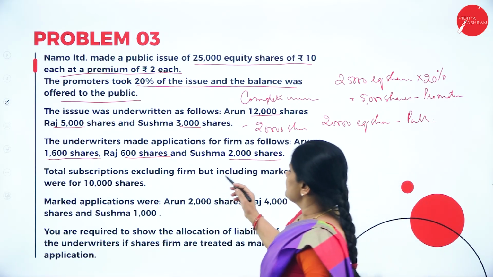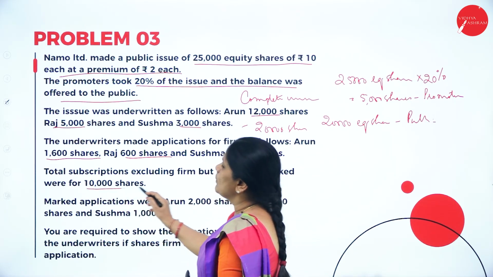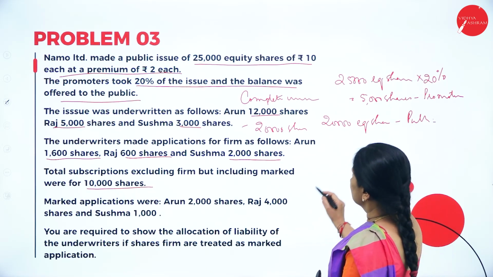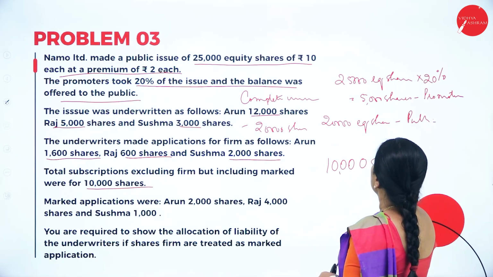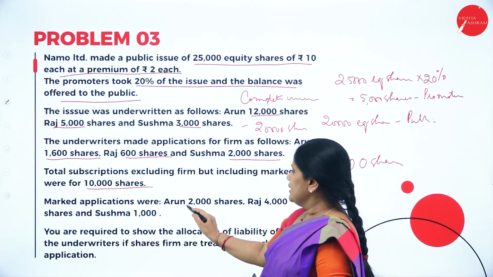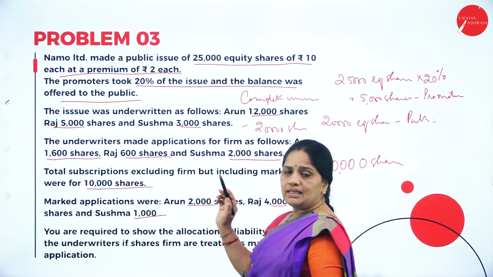Then total subscriptions excluding firm but including marked were for 10,000 shares. And marked applications were Arun 2,000, Raj 4,000, Sushma 1,000.